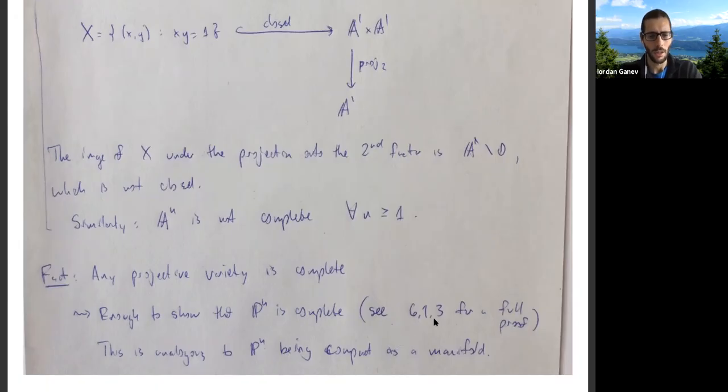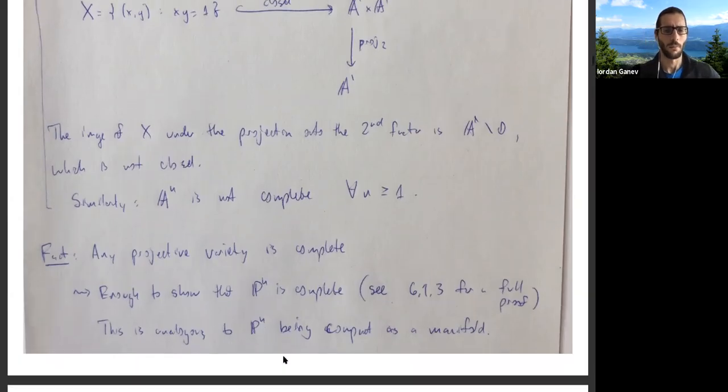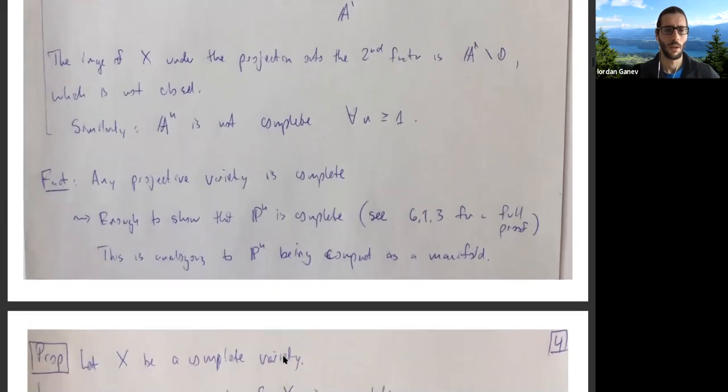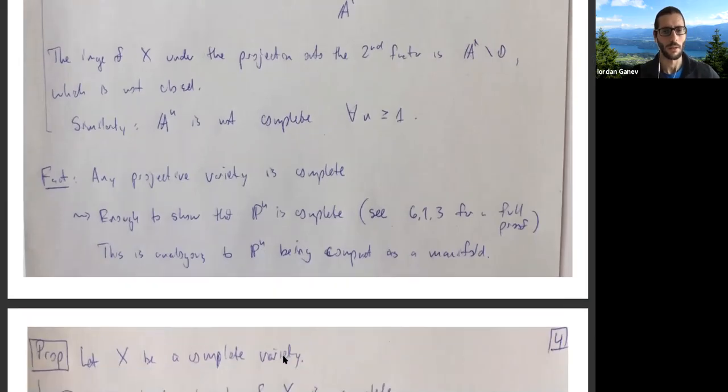So Pn is complete. This is analogous to the fact from a basic course in algebraic topology that Pn is compact as a manifold. So that's why this is kind of believable.